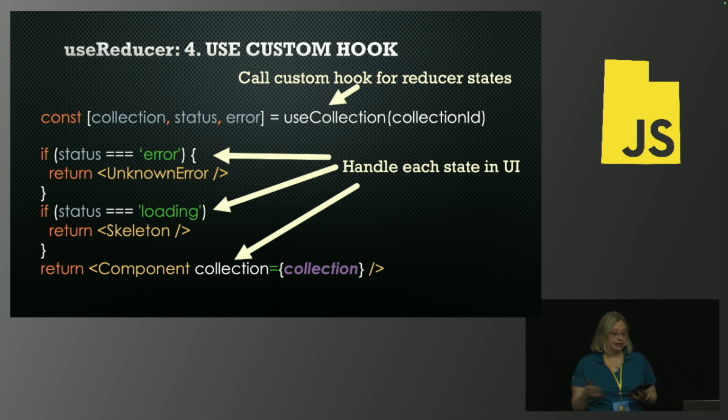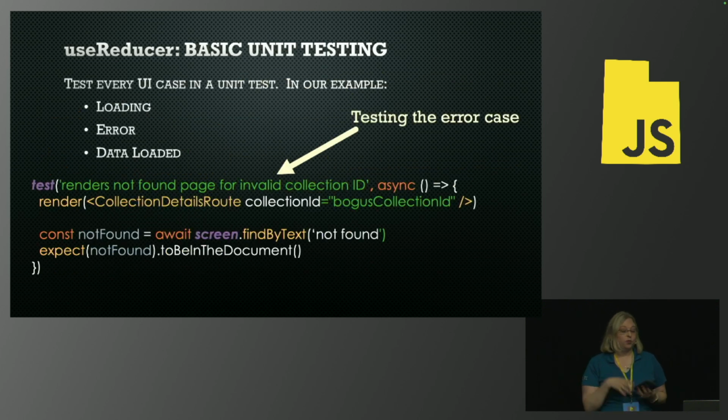And that is it. When it comes time to unit test, when we've put every state of our reducer in our unit tests, we get 100% coverage. And I love that because I love code coverage because I know I can refactor and I'm not going to have problems.